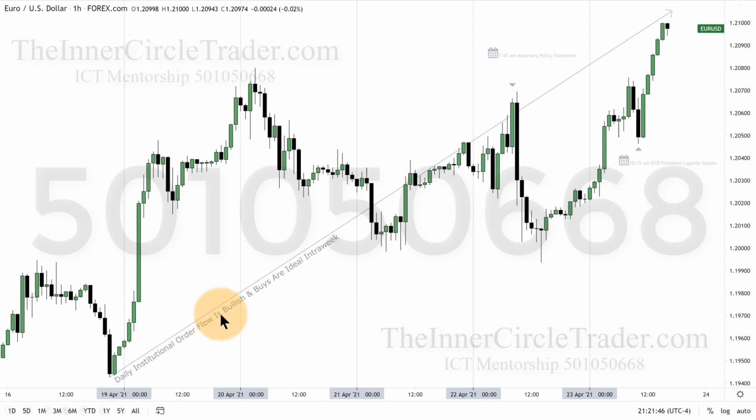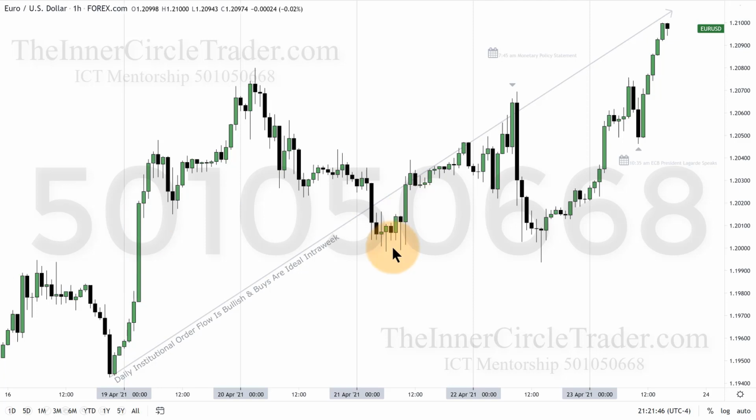Daily institutional order flow is bullish, and buys are ideal intra-week. Okay. On Monday, we see price doing what? Rallying higher. Tuesday, retracing. Wednesday, a little bit more retracement into this imbalance.